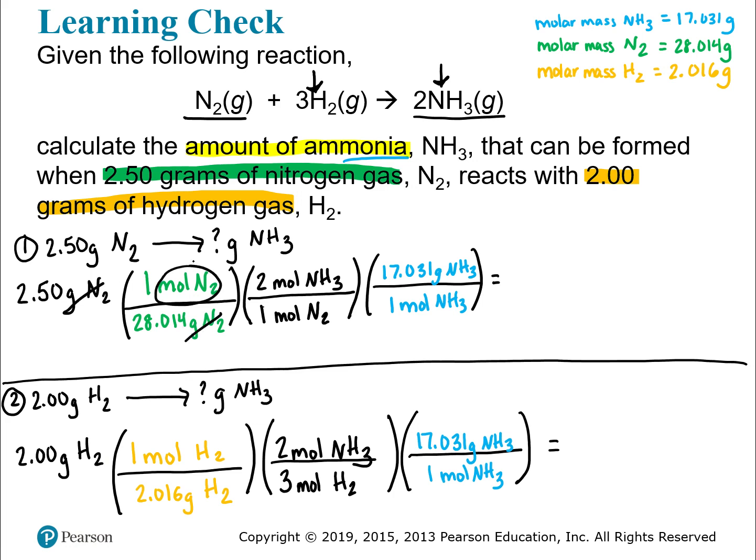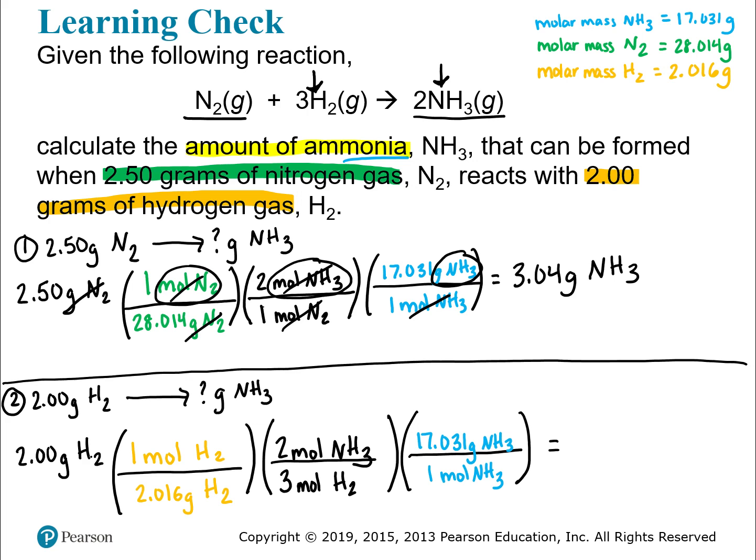We first get to moles of nitrogen, then moles of ammonia, then grams of ammonia. And when you do all that math, you should get 3.04 grams of ammonia being produced.